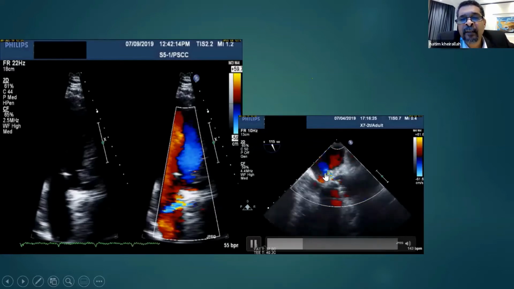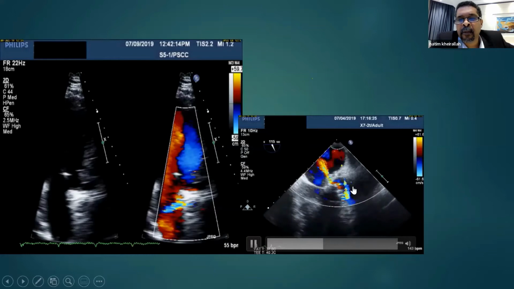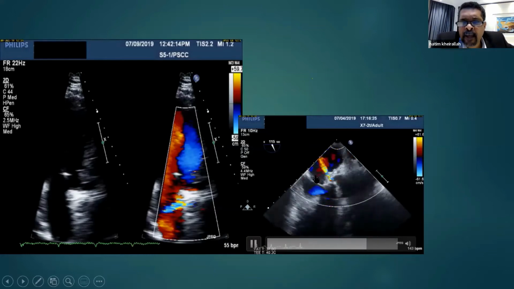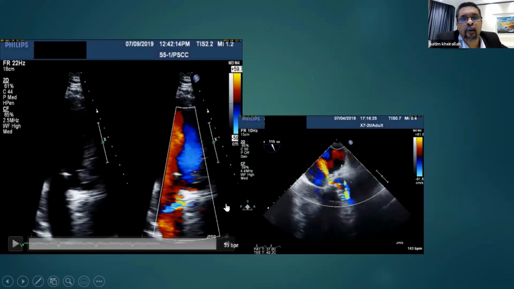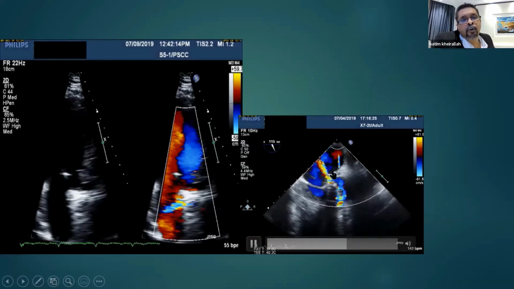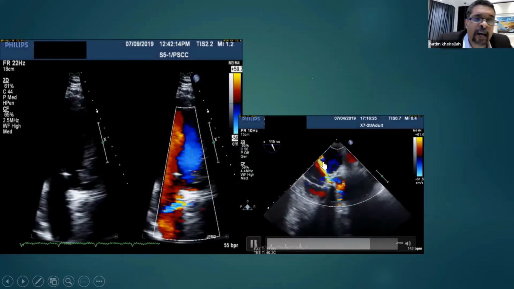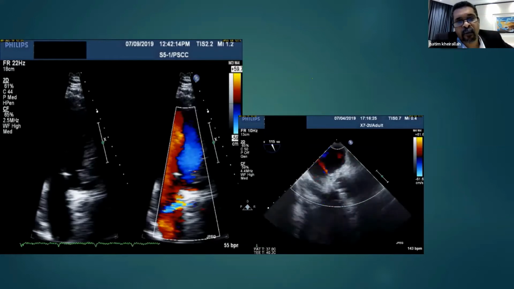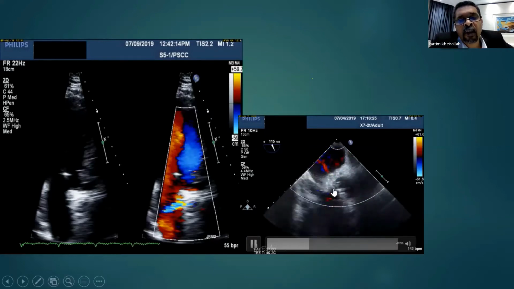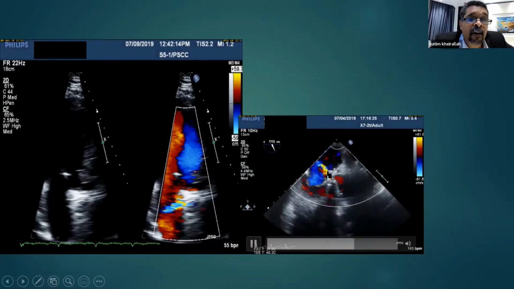Now, if you look here at the TEE, it might better explain the anatomy. You see the aorta is here, and the flow is from the aorta above the valve into the left atrium, continuous flow because of the aortoatrial fistula, which is most likely the complication of infective endocarditis because it leads to liquefaction and necrosis of this area and it can rupture.